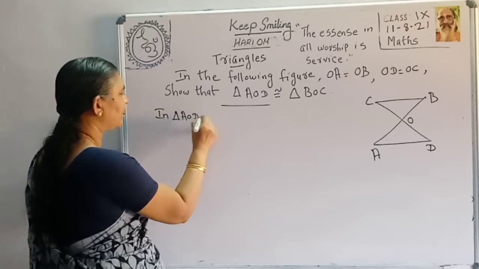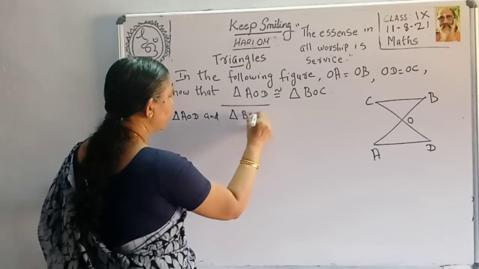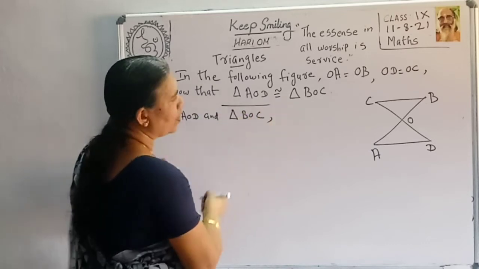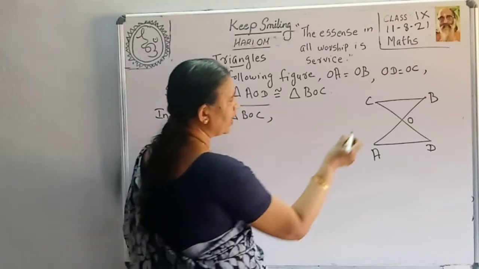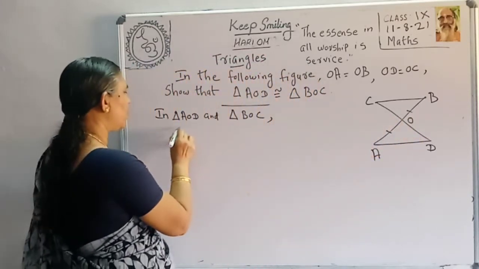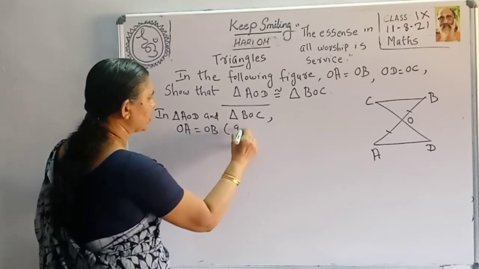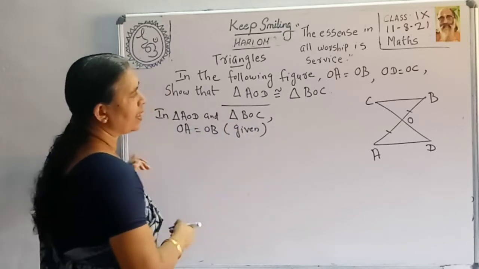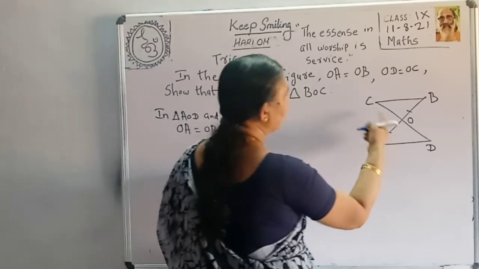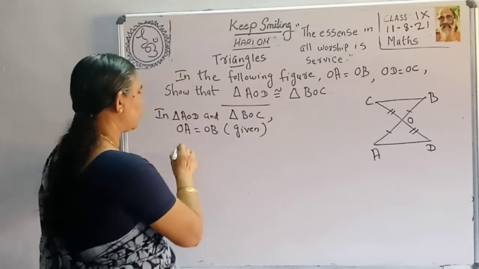OA is equal to OB. What is the reason? Given in your question, so in brackets you write given. Then OD is equal to OC.